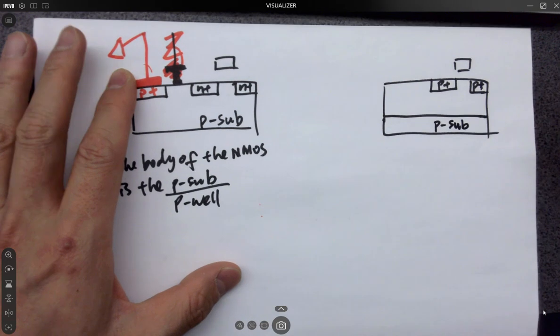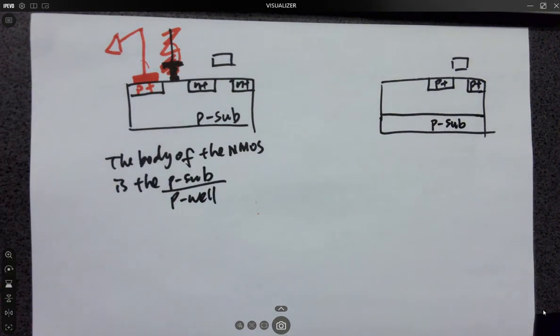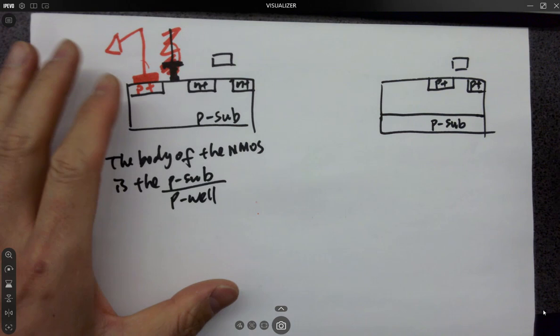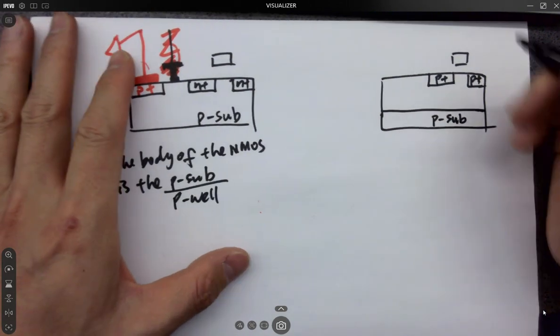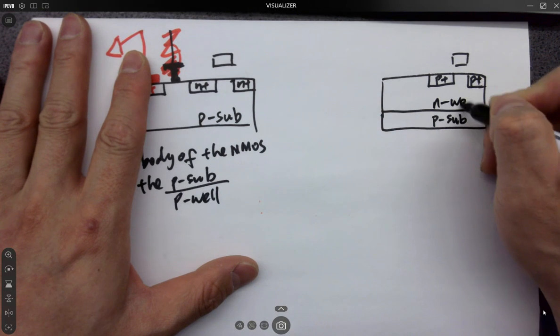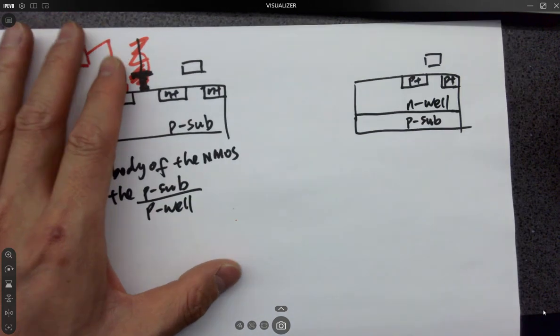What's the body of the PMOS? N well, right? N well. Is there an N sub? Nope, since we are using a P-type substrate. You might say, no, I work for Dr. Jessing, so we have an N-type substrate. Which is fine, but for the C5, it's always P sub. It's N well.